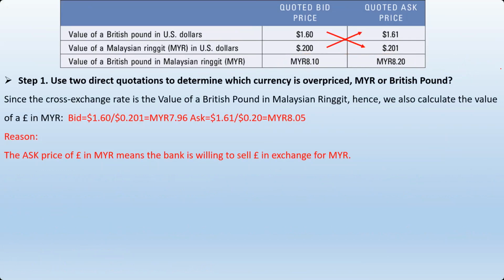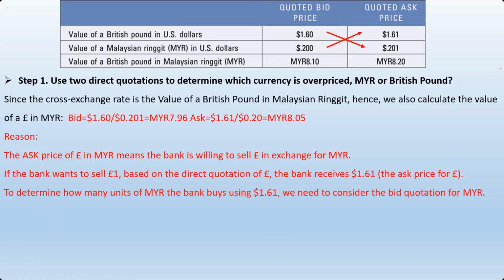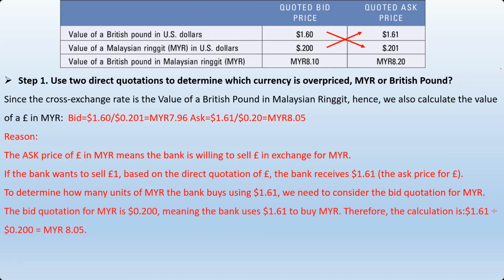The second page shows the ask rate of the cross exchange rate. The ask price of British pound in Malaysia ringgit means the bank is willing to sell British pound in exchange for Malaysia ringgit. If the bank wants to sell 1 pound based on the direct quotation, the bank receives 1.61 US dollars. To determine how many units of Malaysia ringgit the bank buys using 1.61, we need to consider the bid quotation of Malaysia ringgit.